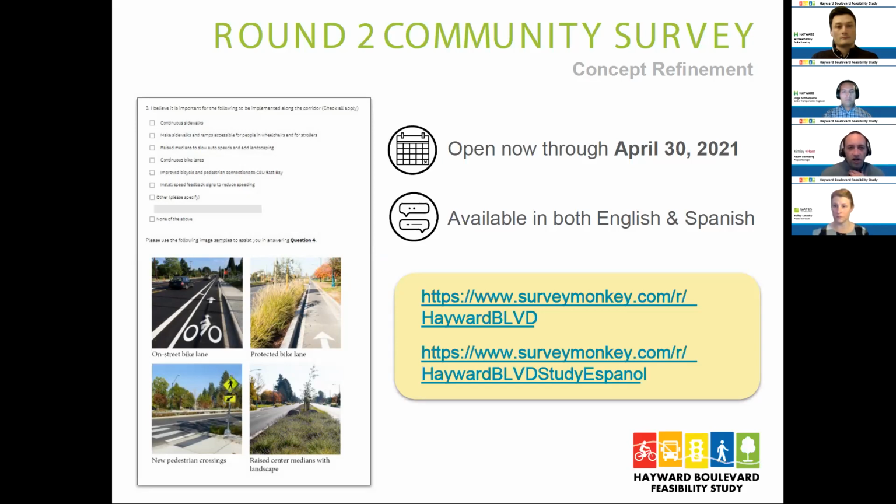Yeah, I can take the first part, or do you want to take the second part? So in terms of the reason for speed reduction, certainly the community input is a big part of what's driving this, but that does show up in the data. The speed data that we collected showing speeds well in excess of the speed limit is something of great concern that the city would like to address.